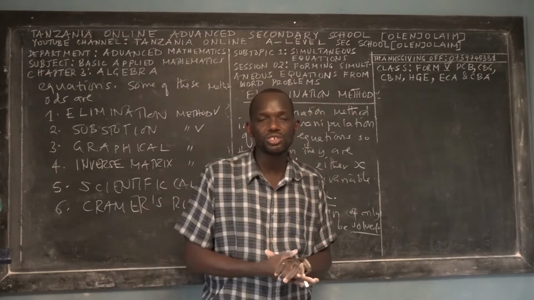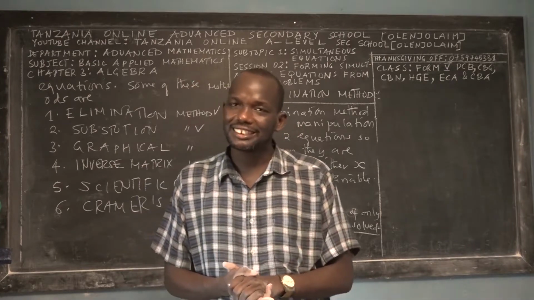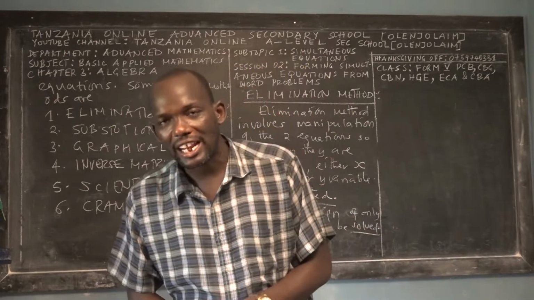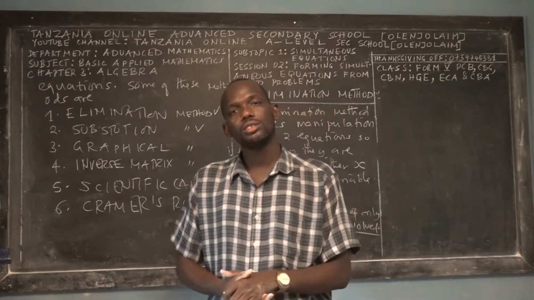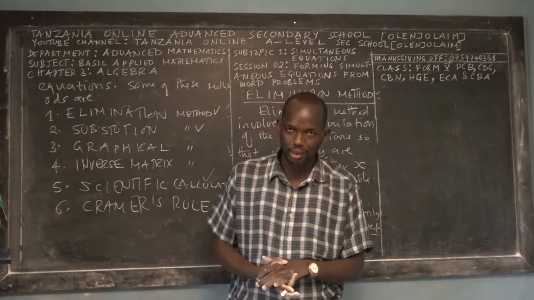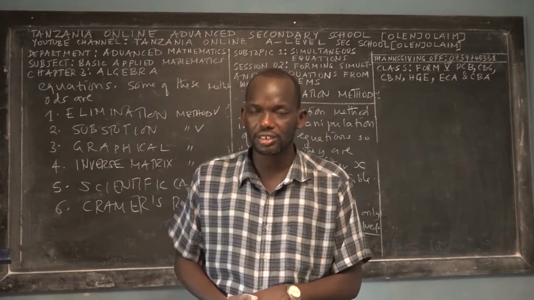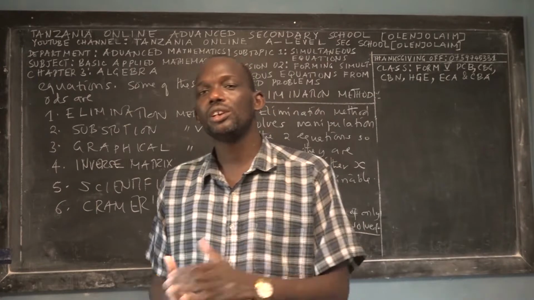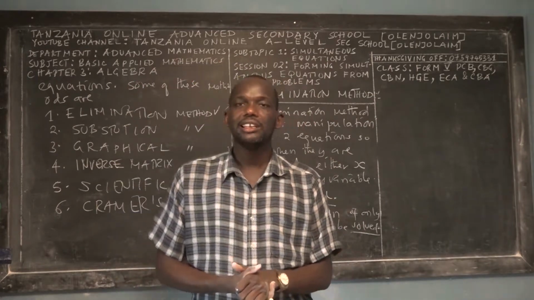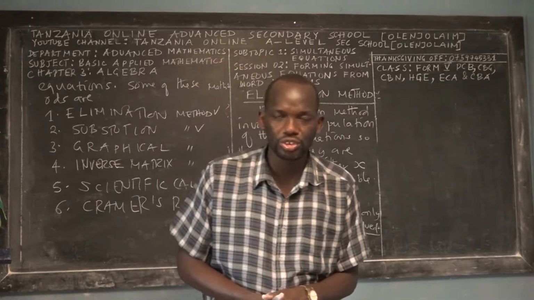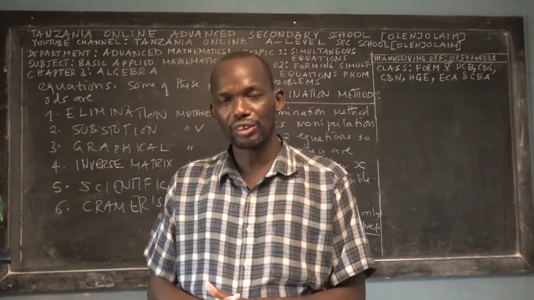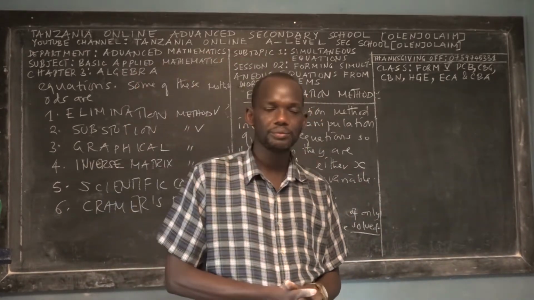What remains is a linear equation which contains only one unknown variable. Now we can make that unknown variable the subject and get its value. Once we have the value of that variable, we substitute into either equation in order to get the value of the eliminated variable.